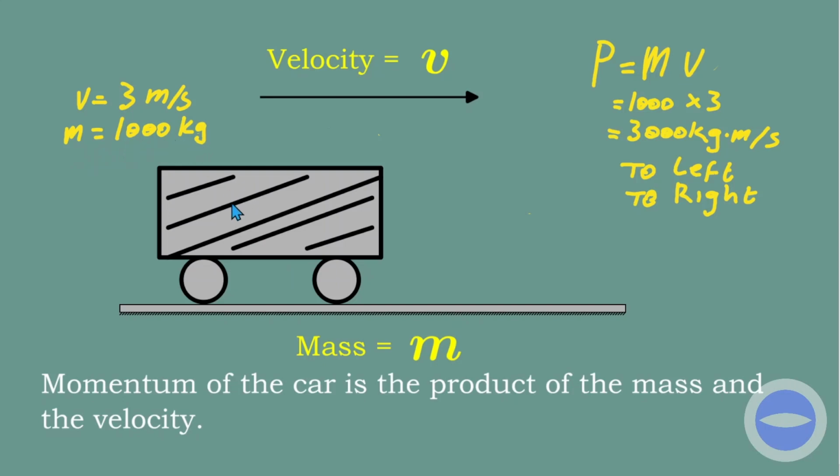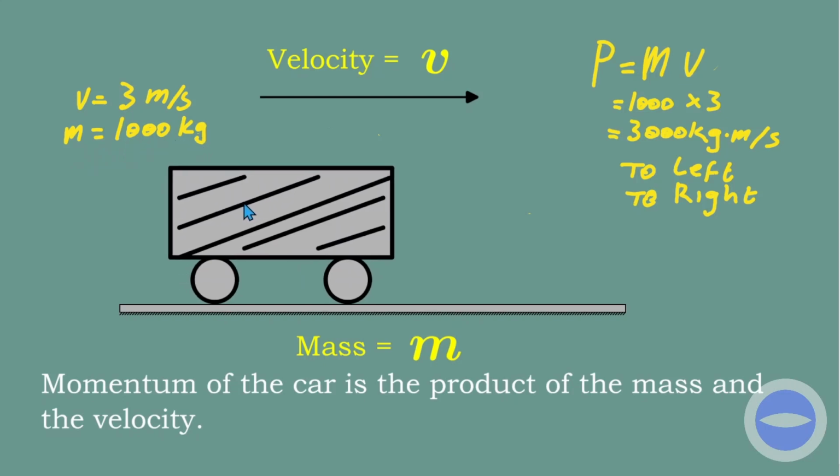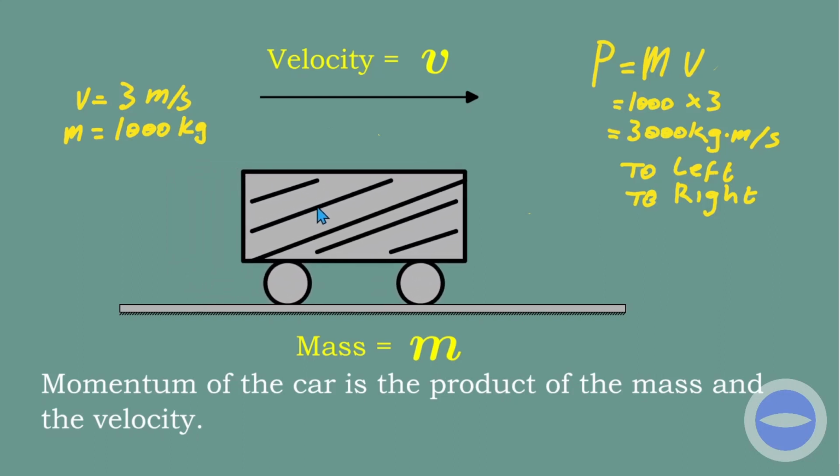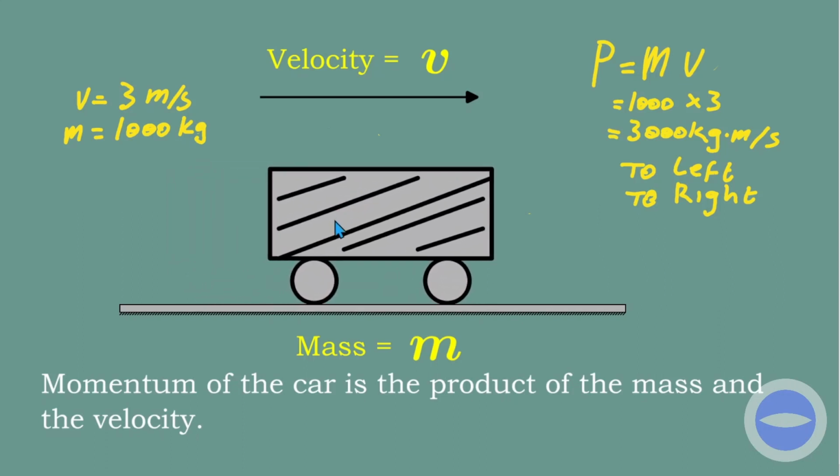So let's say it's traveling in this direction. To draw a vector, we know that a vector is something that has a magnitude and is showing the direction. If it travels to the right, our vector is going to be like this.